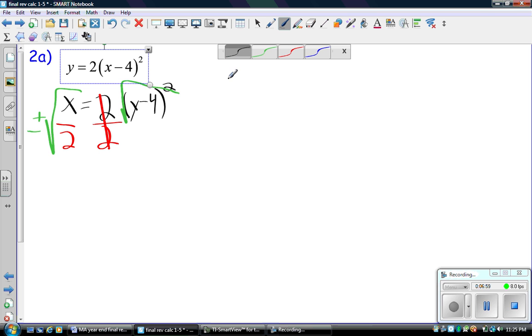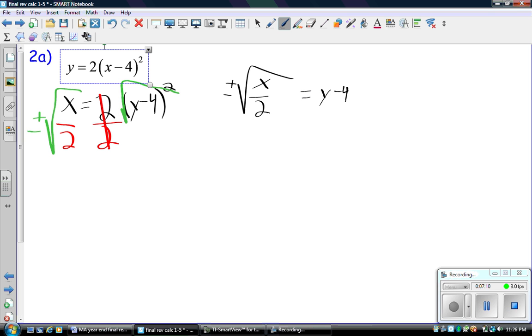So right now I'm at plus or minus root x over 2 equals, I square rooted this, y minus 4. And then simply add the 4. The 4 will not be in the square root, though. Add the 4 over, and you'll end up with y is equal to plus or minus square root of x over 2, and then outside the root plus 4.